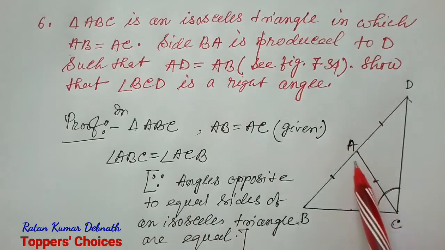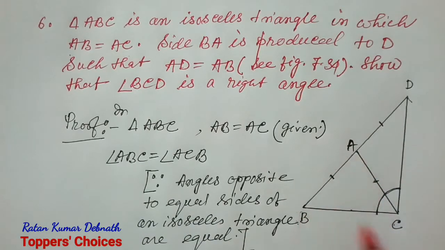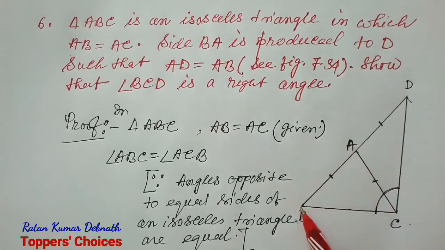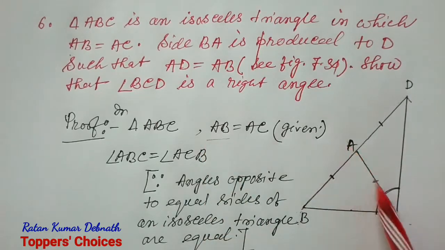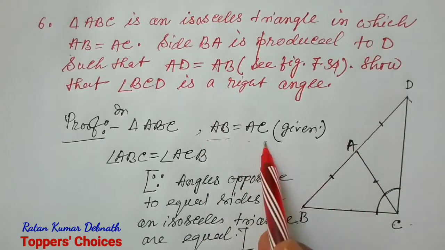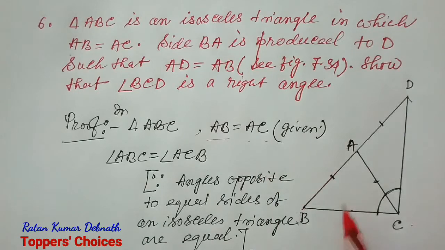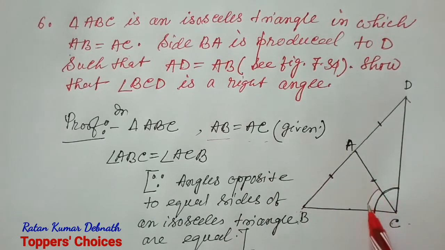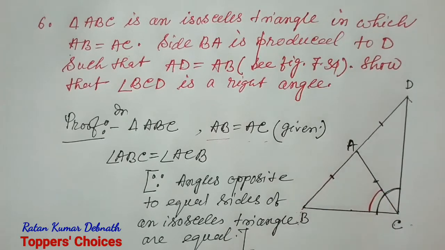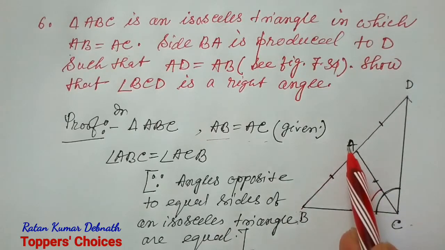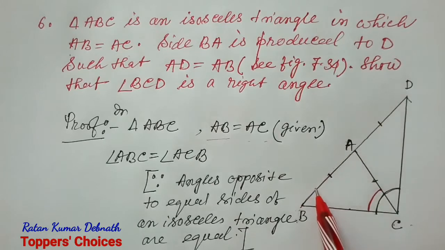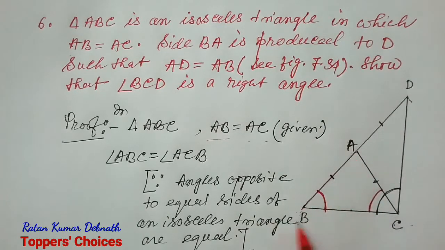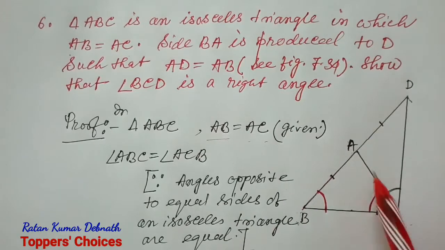Here given that in triangle ABC, this side, means AB, equals this side, means AC, and the angle opposite to side AB is this angle, and the angle opposite to side AC is this angle. That is, angle ABC equals angle ACB.